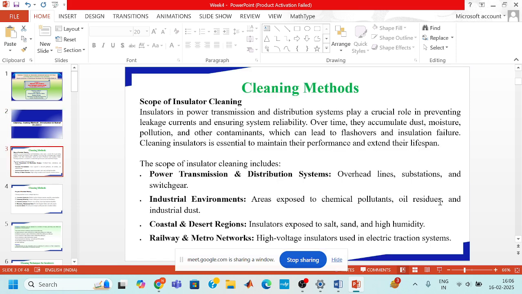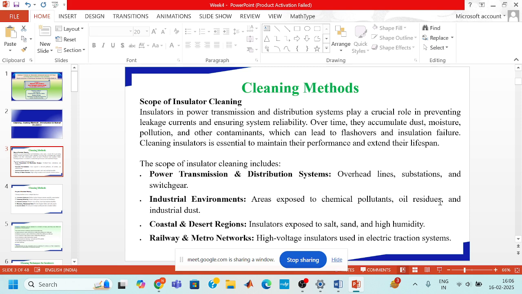Insulators in power transmission and distribution systems play a crucial role in preventing leakage currents and ensuring system reliability. Over time, they accumulate dust, moisture, pollution, and other contaminants which can lead to flashovers and insulation failures. So cleaning insulators is very important to maintain their performance and extend their lifespan.